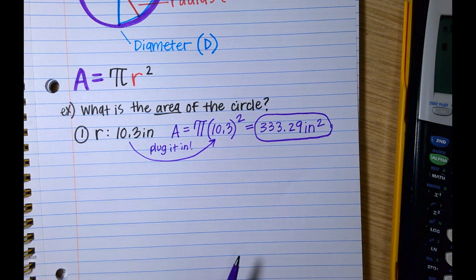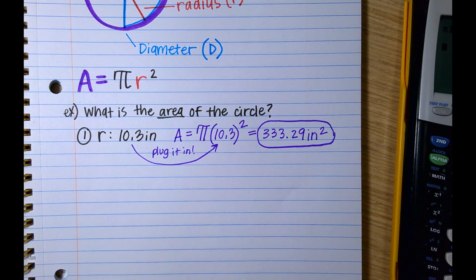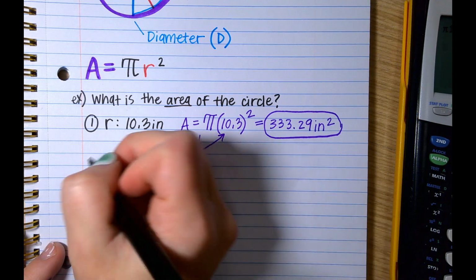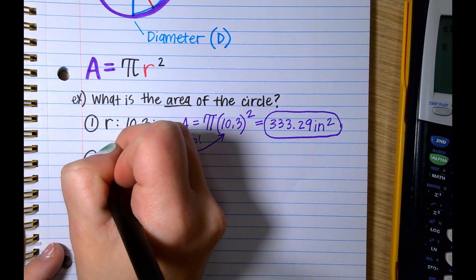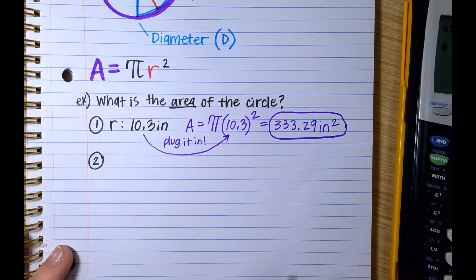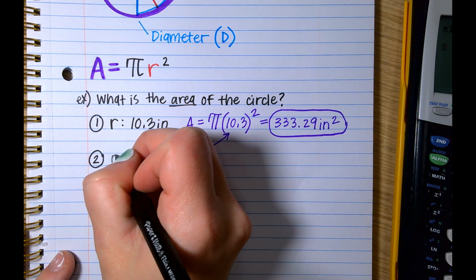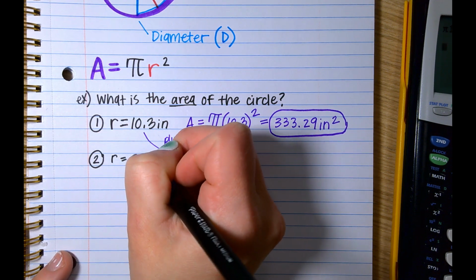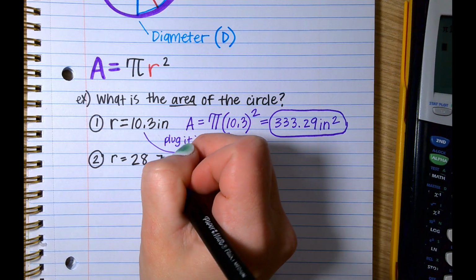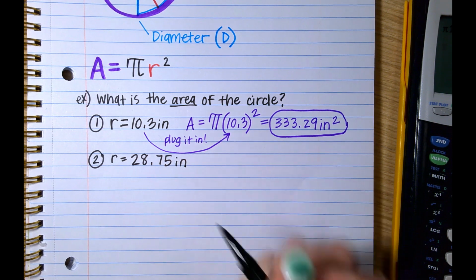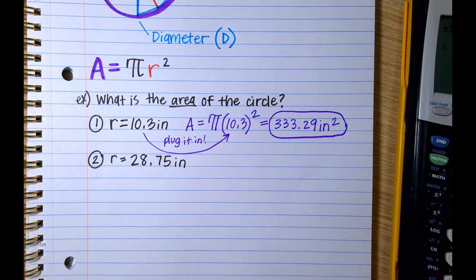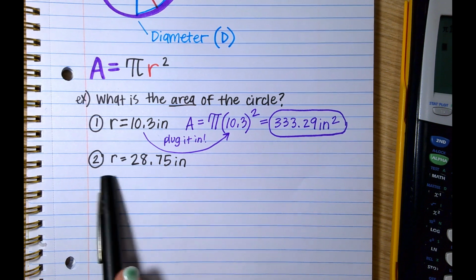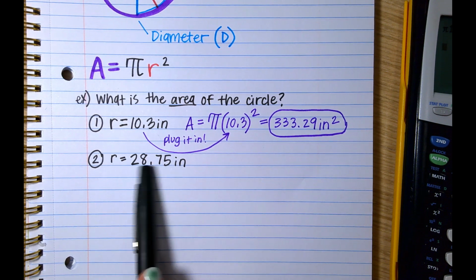Okay. Well, let's do another one then. This one I want you to try typing in on your own. I want you to now find the area of a circle that has a radius of 28.75 inches. Find the area of the circle with this radius.